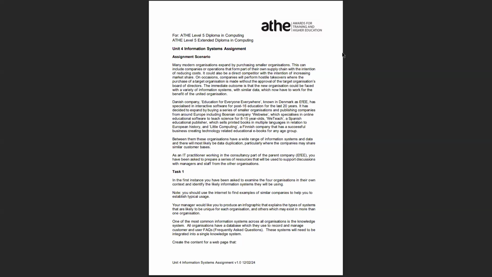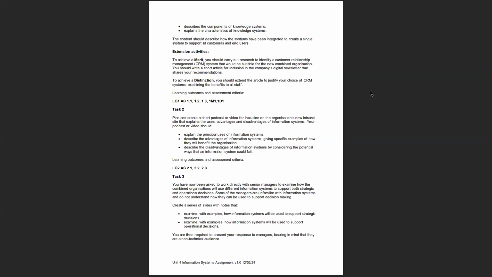So we now have to create the content for a web page that describes the components of the knowledge system and explains the characteristics of the knowledge system. So the content should describe how the systems have been integrated to create a single system to support all customers and end users.